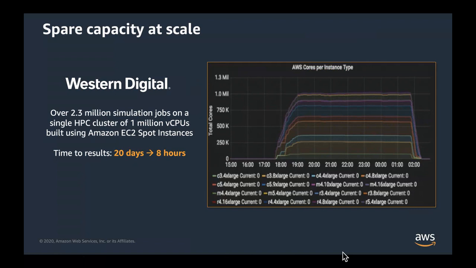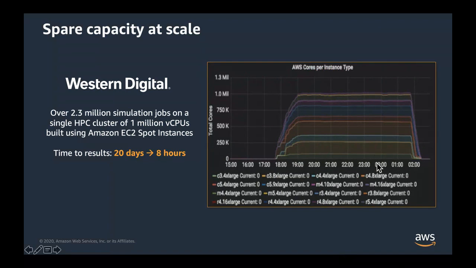Continuing on the last sentiment here, we have customers regularly spinning up 1 million vCPUs in a single cluster out of a single region. Western Digital is one of our successful customers that spun up a cloud scale HPC cluster on Spot. They ran over 2.3 million simulation jobs on a single high performance computing cluster of 1 million vCPUs built using Amazon EC2 Spot instances.